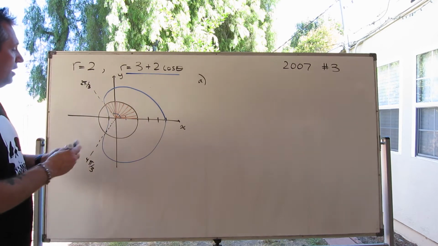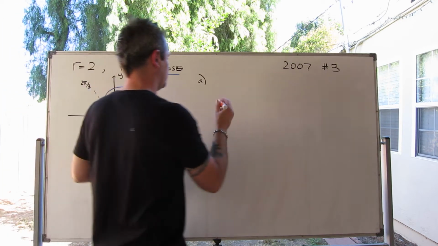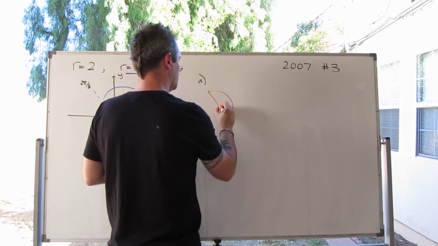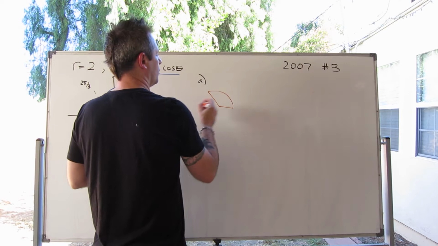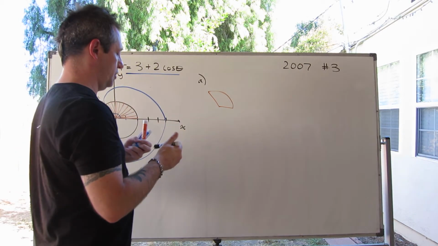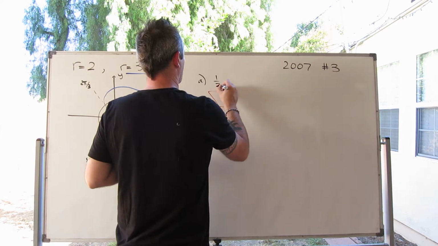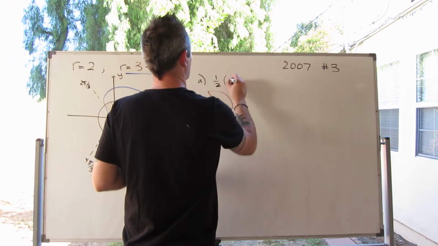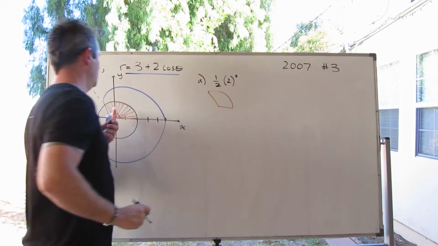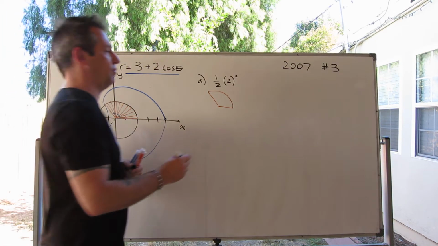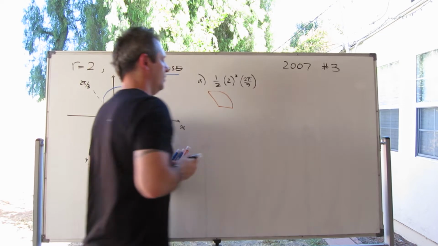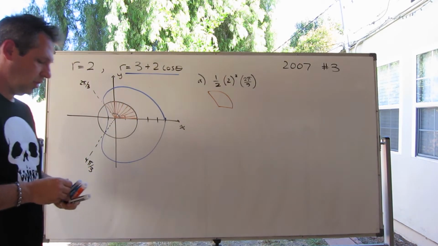So the area of the orange bit, which I might draw like this, it's just a sector of a circle, this area is equal to 1/2 r squared, r is 2 in this case, so 2 squared, theta. Theta is 2 pi over 3. That's the area of that bit. Okay.